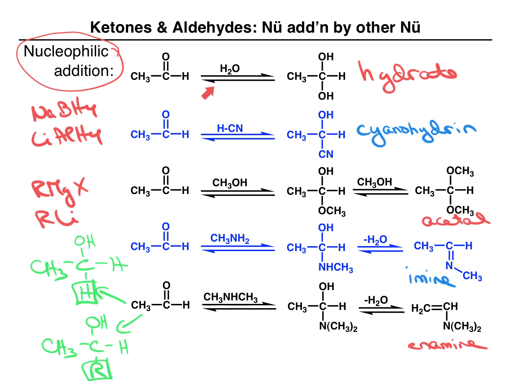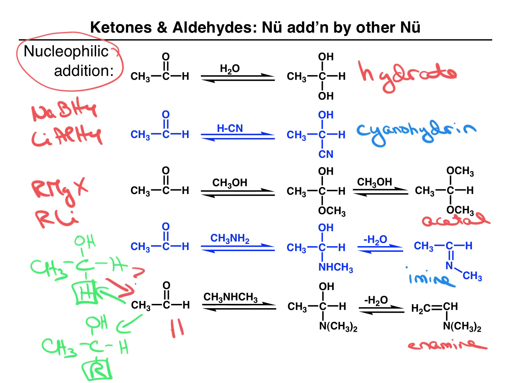One difference, if you'll notice, these are all equilibrium arrows, and so these are reversible nucleophilic addition. Whereas adding a hydride or a Grignard or organolithium, these are irreversible nucleophilic addition. Try to think about, once this is formed, can this go backwards?